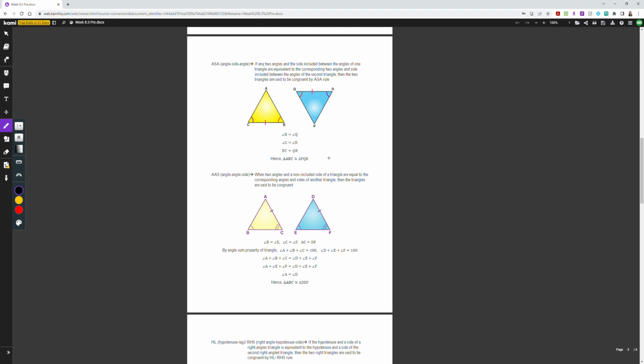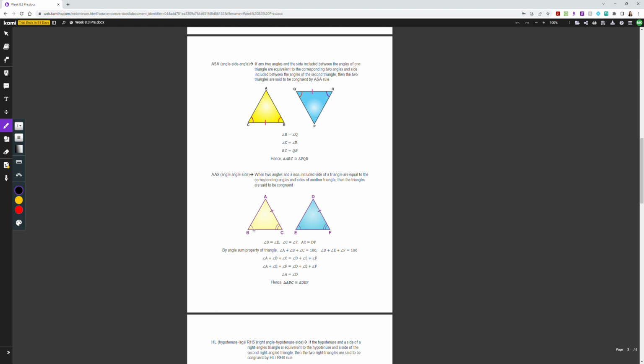The next one is AAS, which is angle, angle, side. How does this differ from angle, side, angle? AAS is when two angles and a non-included side, which means the side doesn't have to be in the middle. As you can see, this side is not in the middle of the two angles we're given.